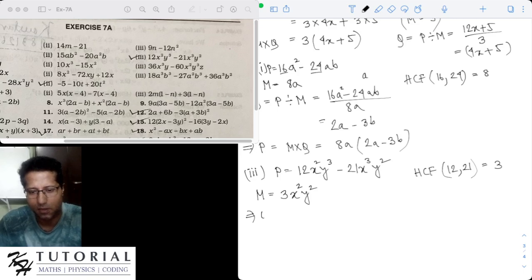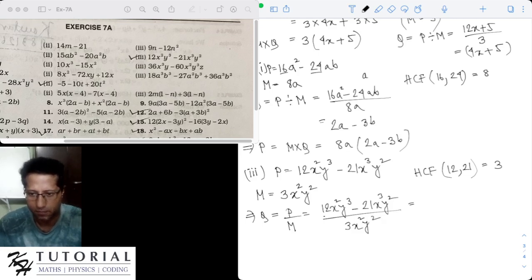This implies Q will be P divided by M, which is 12x square y cube minus 21x cube y square divided by 3x square y square.